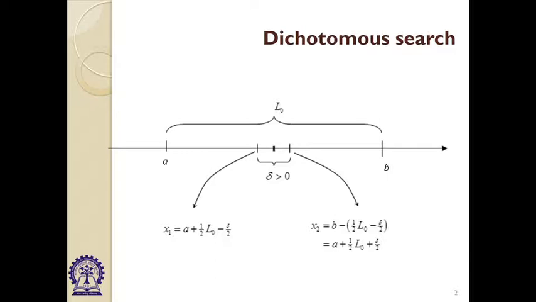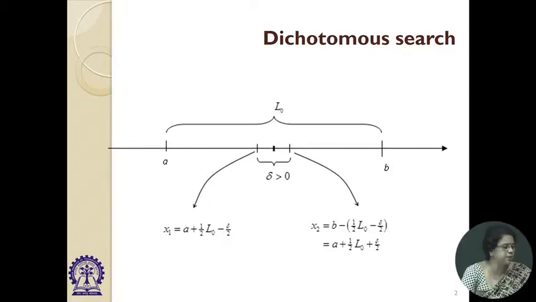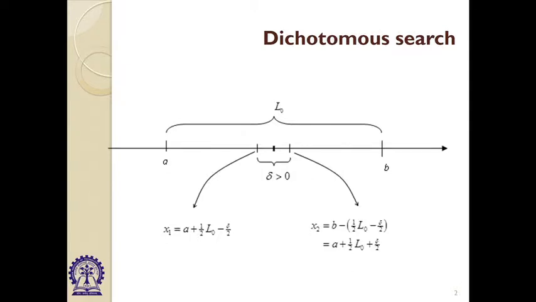Just look at the picture. Here the initial interval has been given as a to b and the length has been symbolized as L0. We are considering the middle point and the delta neighborhood of that, so that in the next iteration I will get two approximations of the optimal solution.